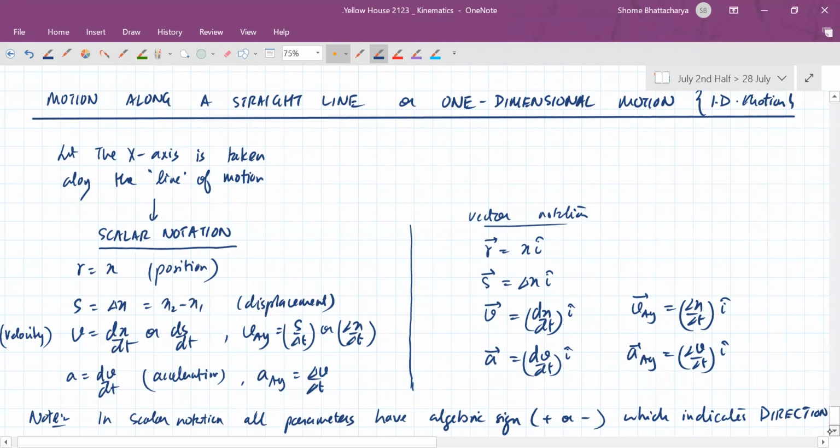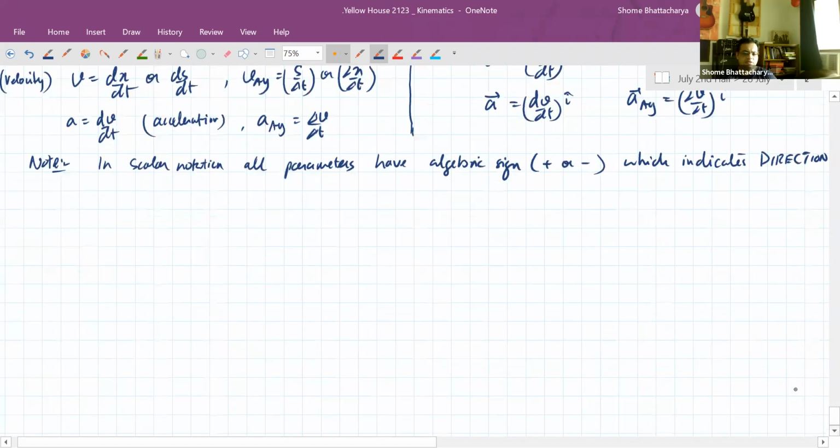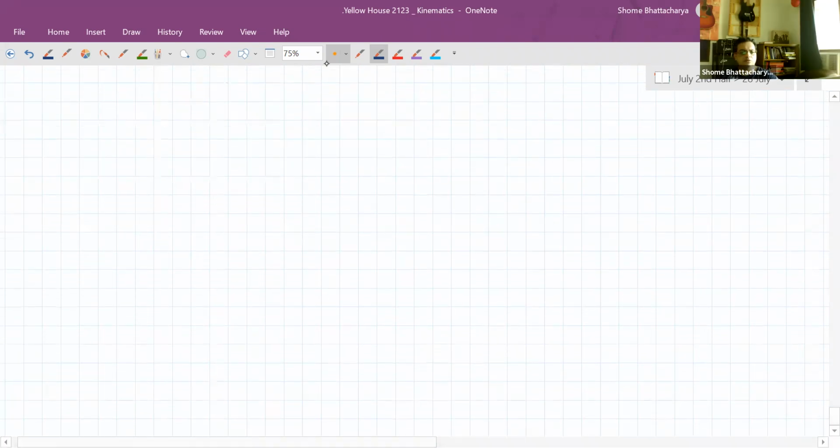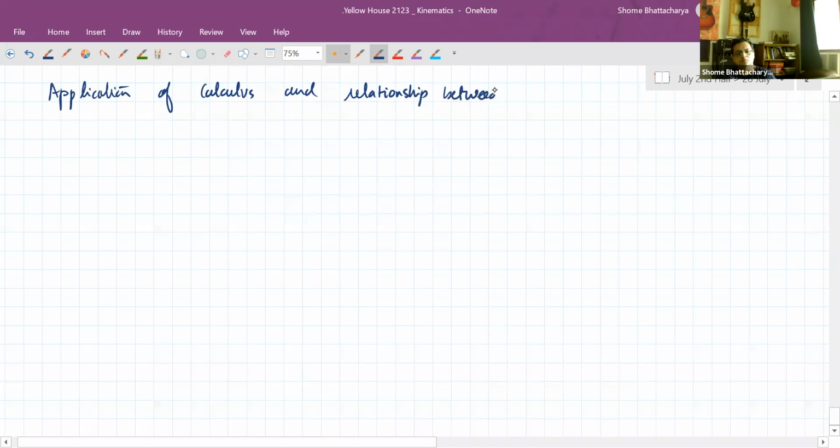Now see, there are some additional relationships between these parameters that we can define in terms of calculus. So, application of calculus and the relationship between 1D kinematics parameters.